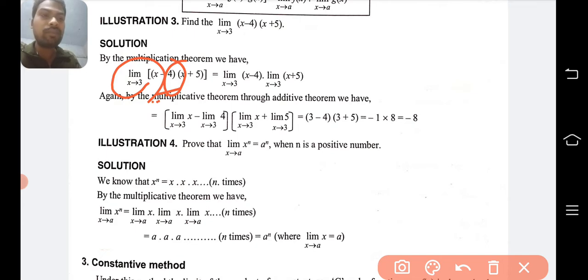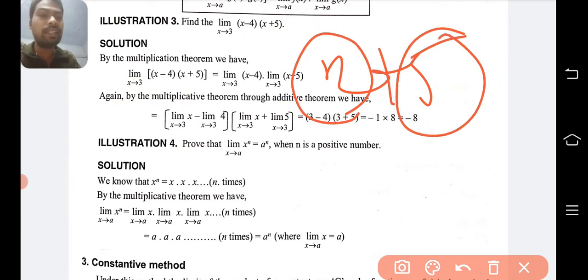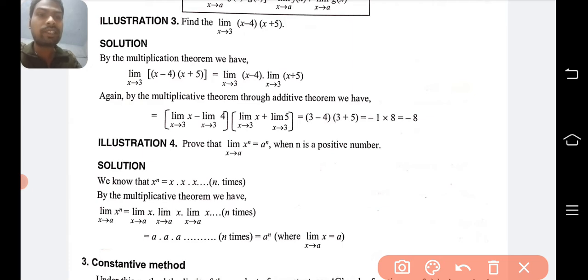So here the additive method is also applied: limit x tends to 3 of x minus limit x tends to 3 of 4. In the same way, it is also written x plus 5. For the x we take the limit, and for 5 we take the limit. So limit x tends to 3 of x, plus limit x tends to 3 of 5.